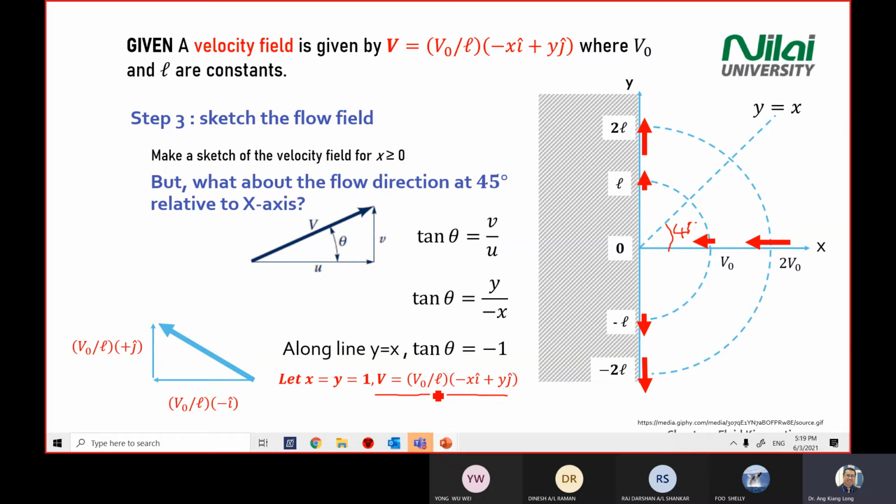this equation. So if this location, let's say, is 1, y and x equal to 1 at this location, the arrow will be pointing in this direction. So pay attention to the screen here. One arrow will be added to this location.